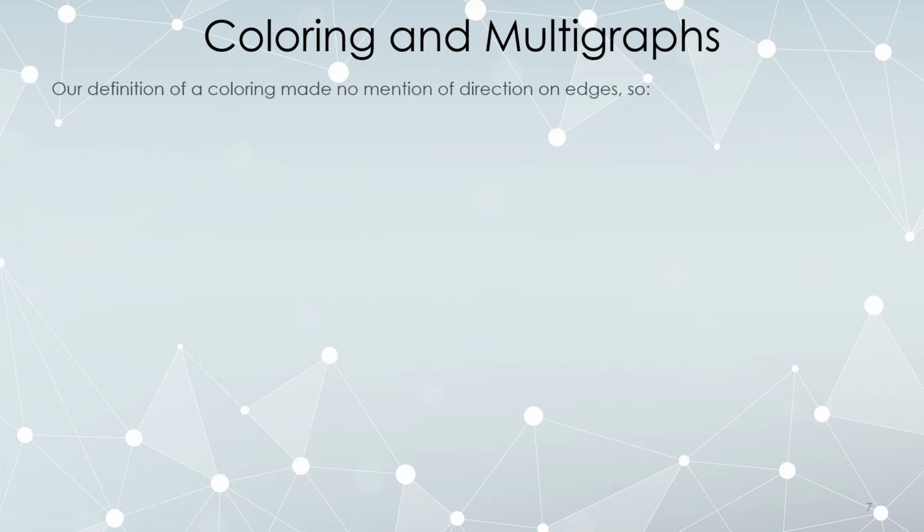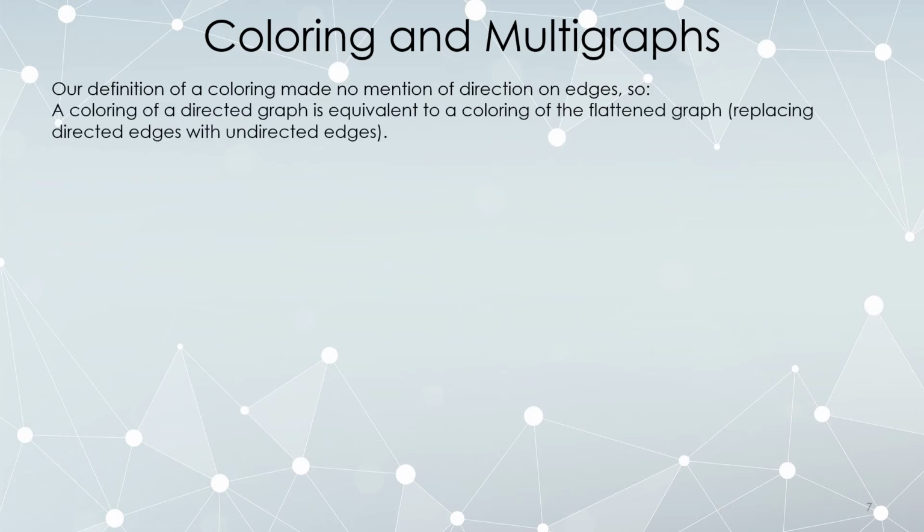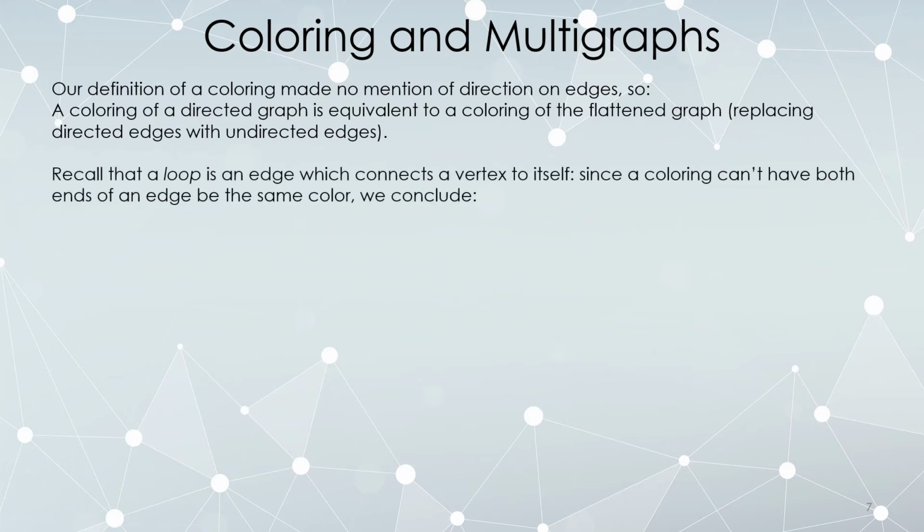Coloring in multigraphs. We didn't actually specify anything about a direction of edges when we were talking about colors. So coloring a directed graph is the same as if it was undirected. In other words, the flattened graph where you replace directed edges with undirected edges. There's no distinction in the definition. Also, a loop, remember, is an edge that connects a vertex to itself.